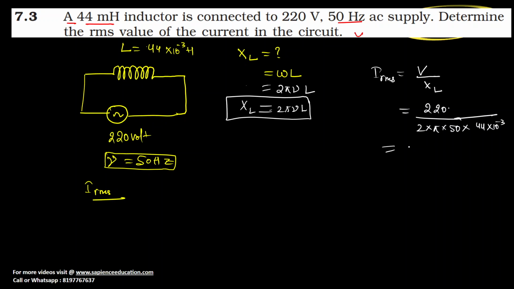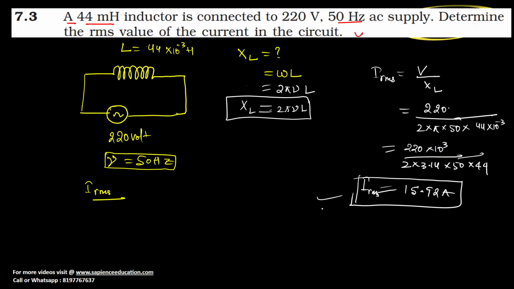Rearranging, this is 220 into 10 to the power 3 divided by 2 into 3.14 into 50 into 44. When you calculate this, you will get approximately 15.92 ampere. So this is our IRMS. I hope you have understood this one. So let's go for the next question.